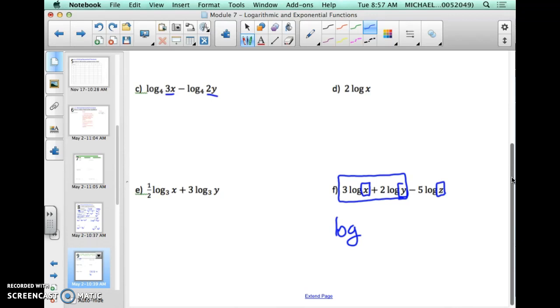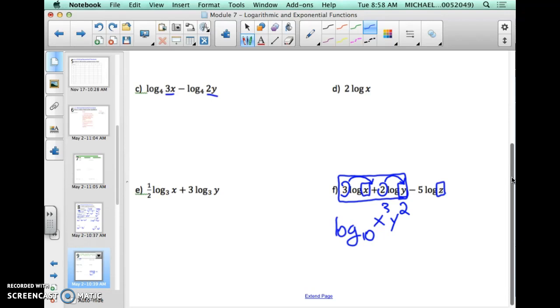In this case, they don't have a base, so I can write base 10 of, I have an x. Please remember, this x has that 3, and when I condense it, that 3 has to come back into the powers. So x to the 3rd times y, that 2 has to come back into the powers when I condense. Y squared, so addition turns back into multiplication when you condense it.